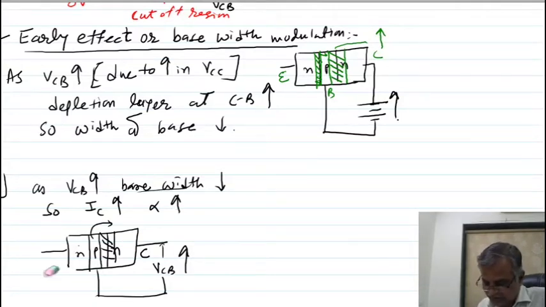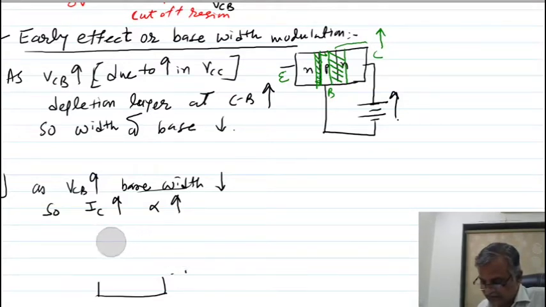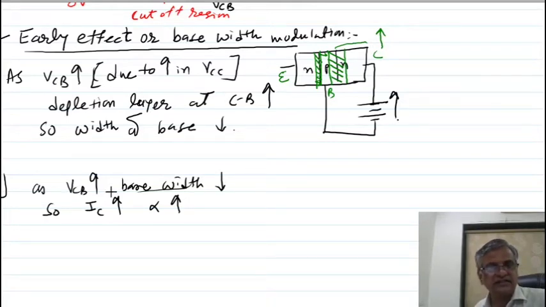So again, as the first consequence, as VCB increases, base width decreases, so collector current increases, so alpha increases.